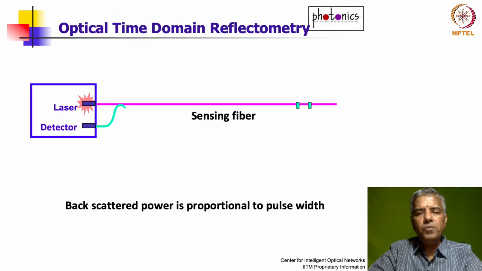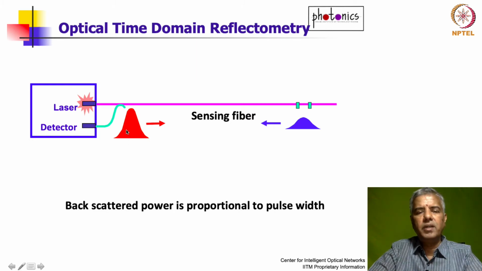Okay, so if you send a pulse of light, that pulse is going to occupy a certain section of the fiber, right? And whatever scattering that could happen within that section of the fiber will actually come back towards the detector. So this is actually an illustration of how light is scattered from this section of the fiber.